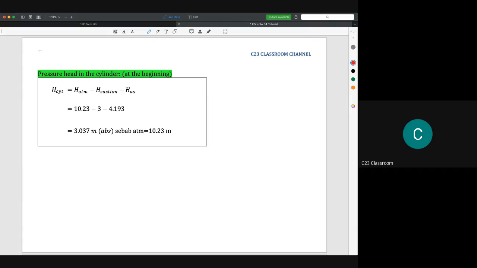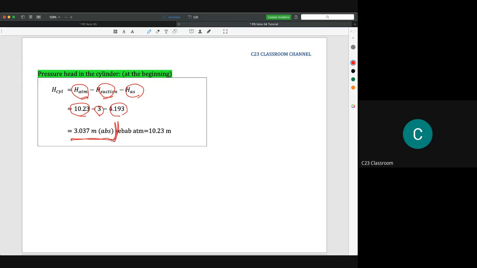So that's why we deduct from the atmospheric head the suction head and the acceleration head. So we have 10.23 minus 3 and minus 4.193. So we get around 3.037 absolute head. In a piston pump, we always use absolute pressure.